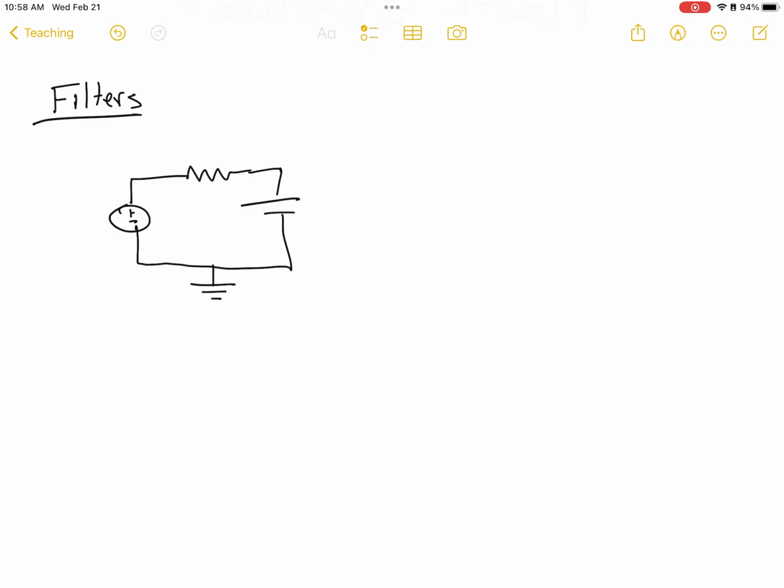And this is the same circuit that I looked at in a previous example video. So for this circuit, we've got a resistance R, capacitance C. The voltage at this node right here is going to equal V in, and the voltage at this node we're going to call V out.